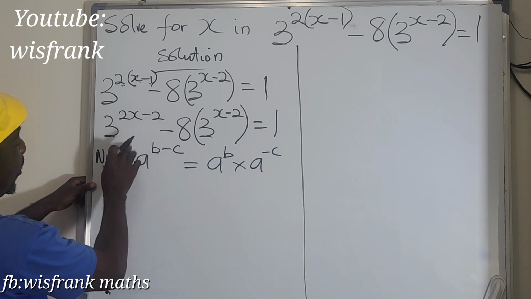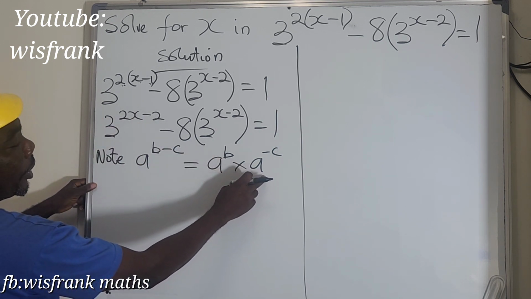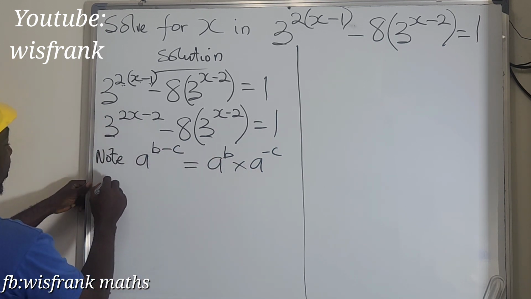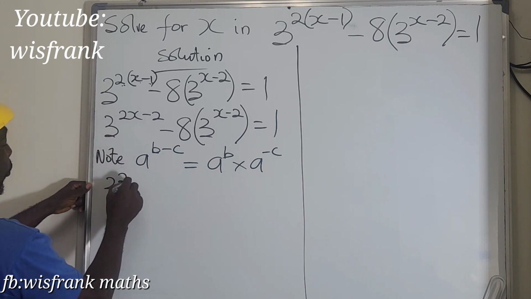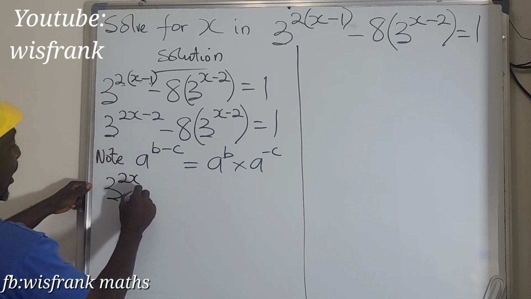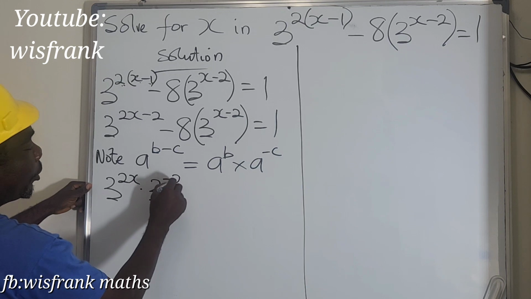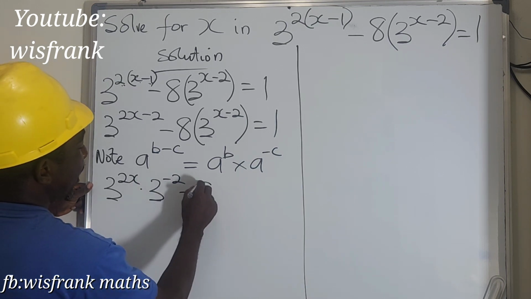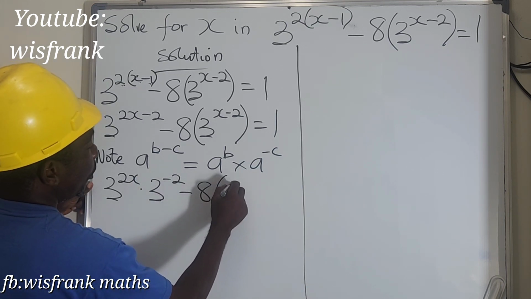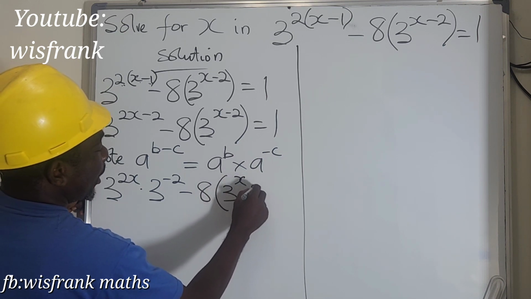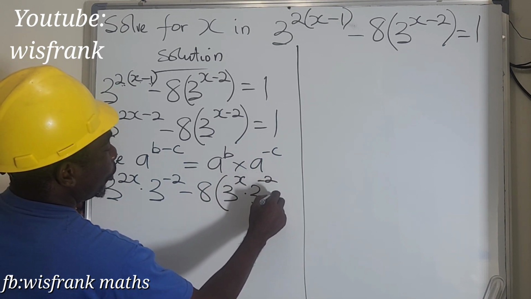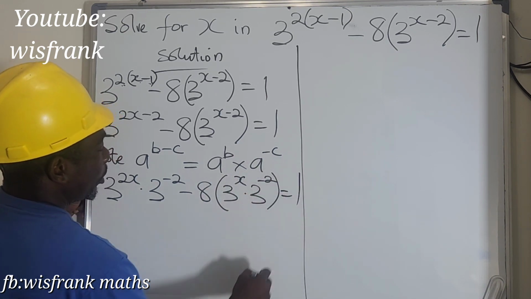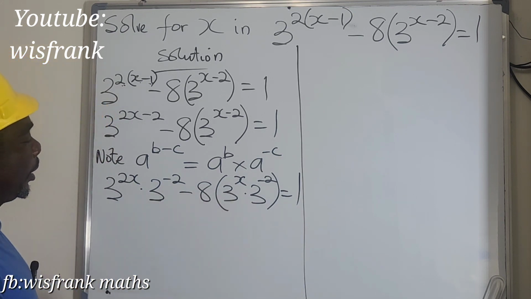Now here we can split this into this format. So this will become 3 to the power of 2x times 3 to the power of minus 2, minus 8 into 3 to the power of x times 3 to the power of minus 2, equals 1.